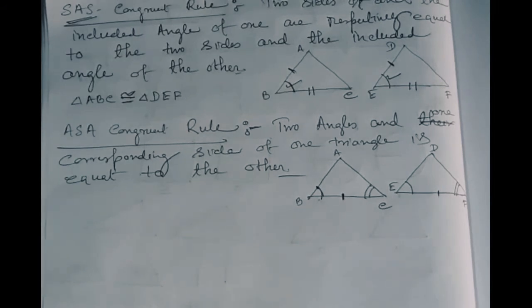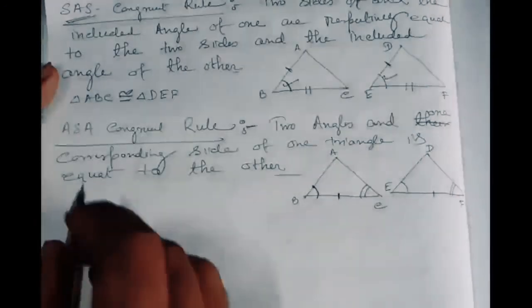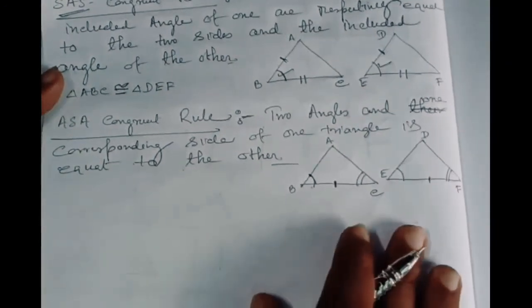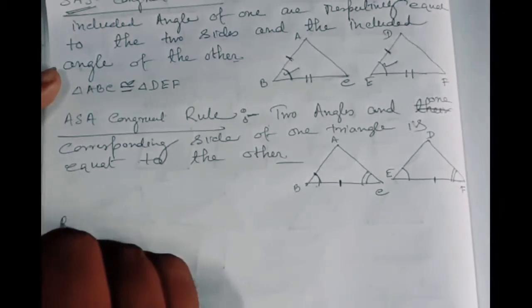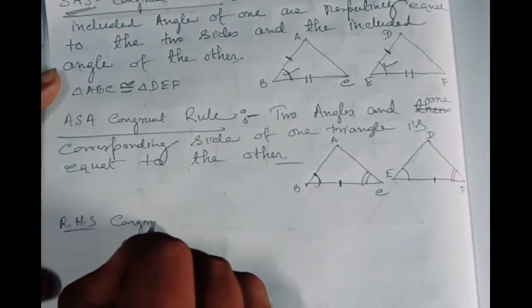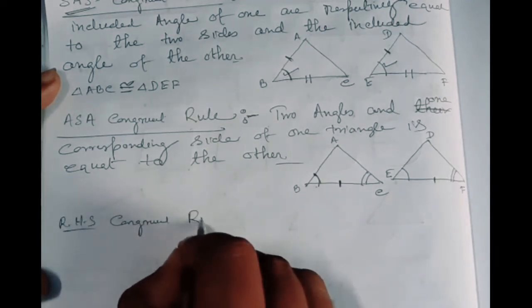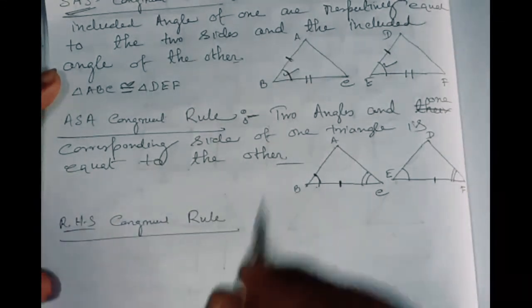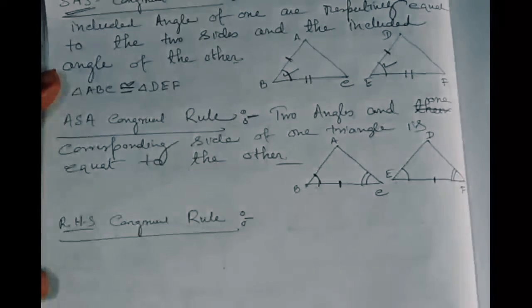Next, come to another congruence rule, that is the fourth, and that is the RHS congruence rule. Okay. What is the RHS congruence rule?